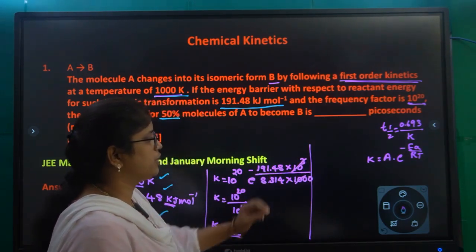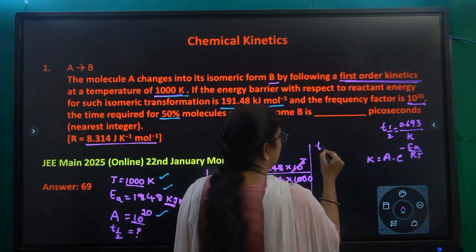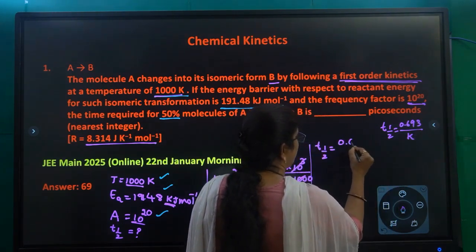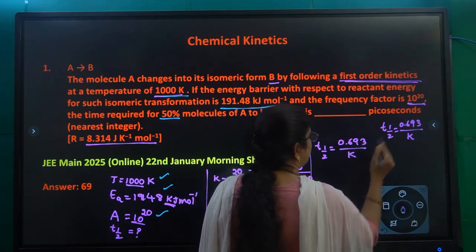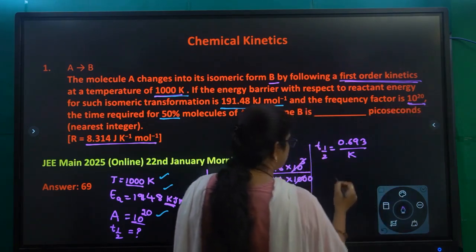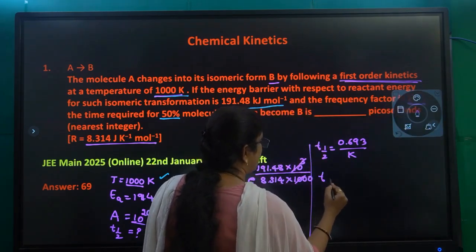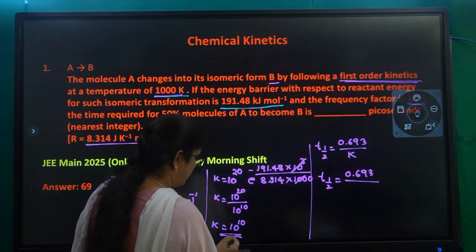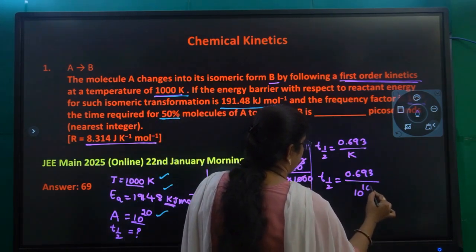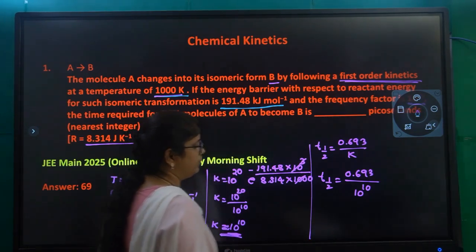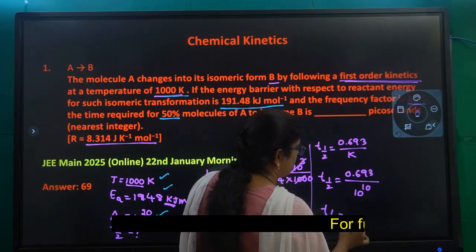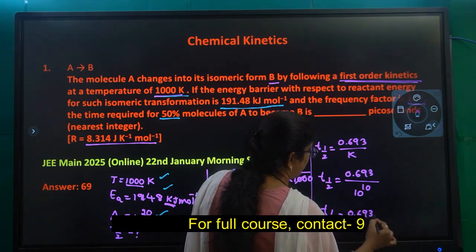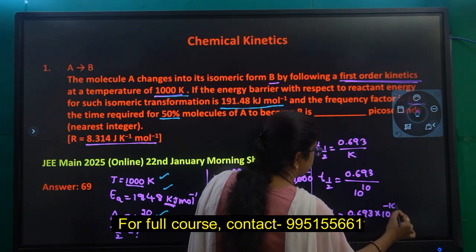Next, substitute this K value in T half. T half is equal to 0.693 divided by K. Now substitute the K value here: 0.693 divided by 10 to the power of 10, approximately. So T half becomes 0.693 into 10 to the power of minus 10.